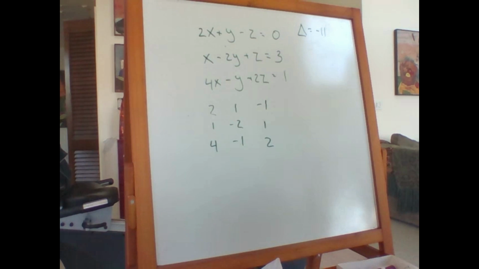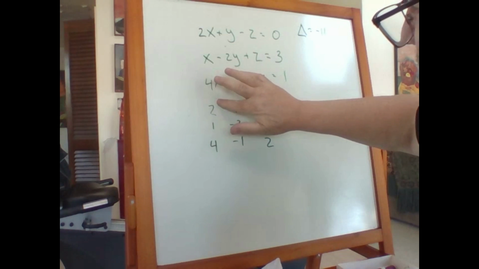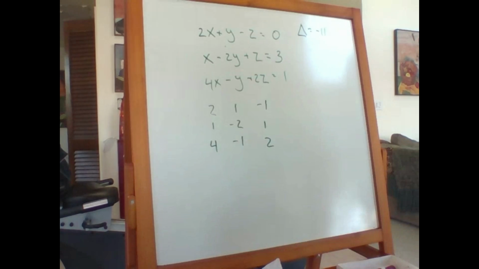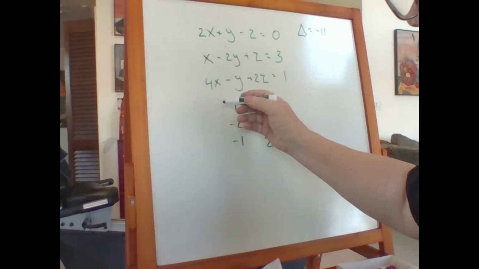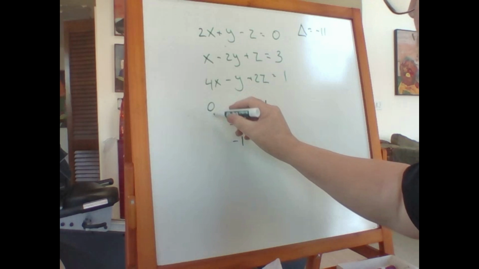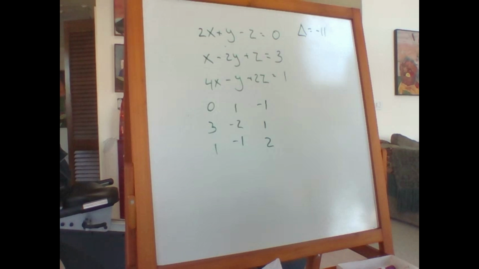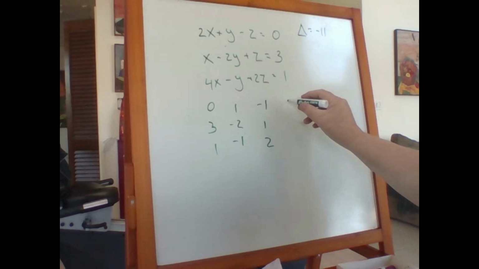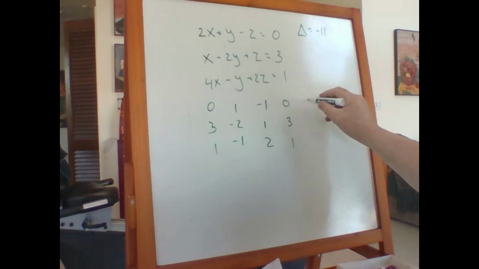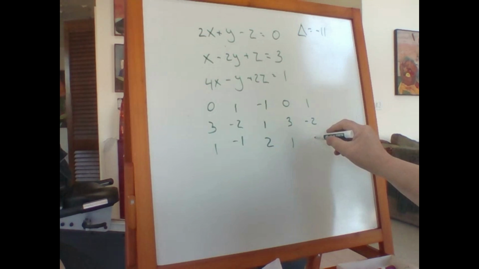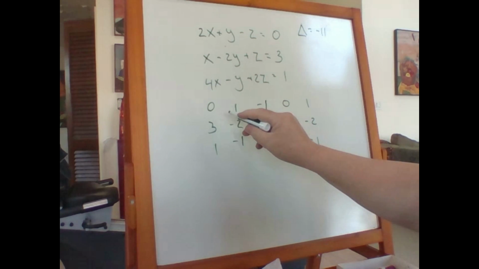But now we want to solve for the X variable. So in this column, which represents the X variable, we put in 0, 3, 1. And then we write 0, 3, 1, 1, minus 2, minus 1. You can see how this becomes cumbersome.